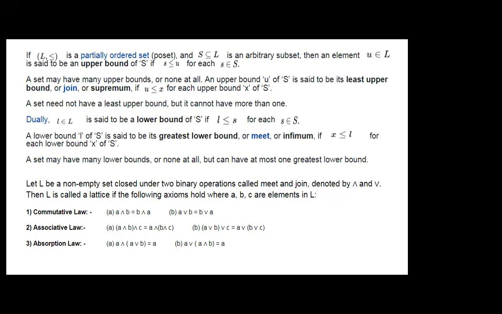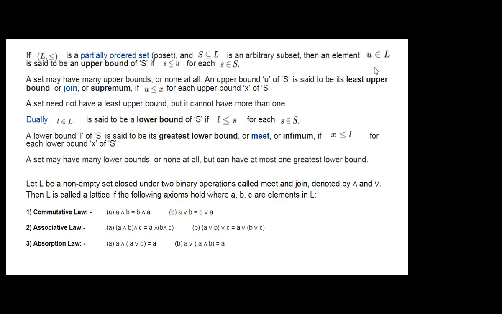Then what is there? S is a subset of L. L is the large set, and S is an arbitrary subset of it.